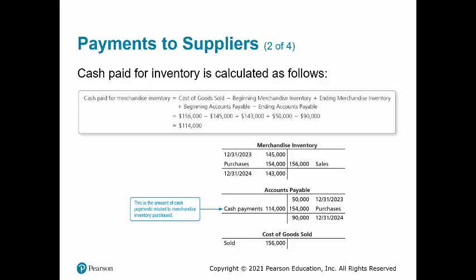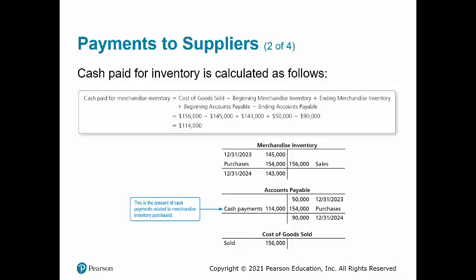But we also need to look at accounts payable. Accounts payable increased from $50,000 at December 31st to $90,000 at December 31st, 2024. So we use the increase in accounts payable of $40,000 again to adjust cost of goods sold.